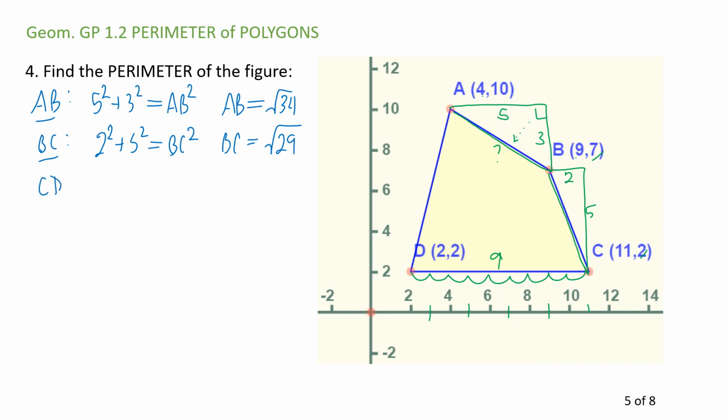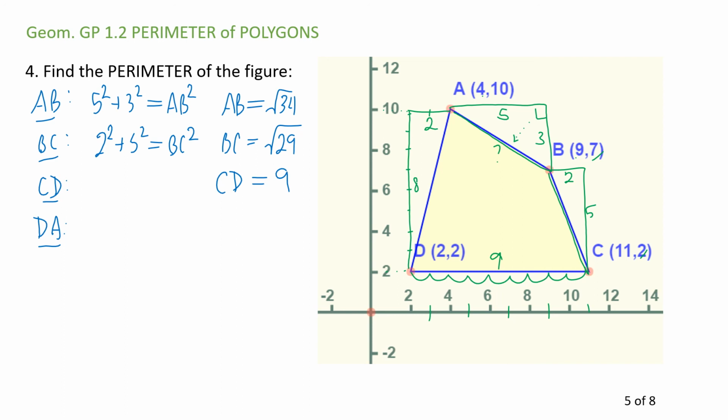CD, that's the easy one. DA, excuse me. Well, I've got to do DA from here to here. This one's a little easier to see because I can actually count the blocks. 1, 2, 3, 4, 5, 6, 7, 8. And over here, 2. I'm going from 2 to 4.